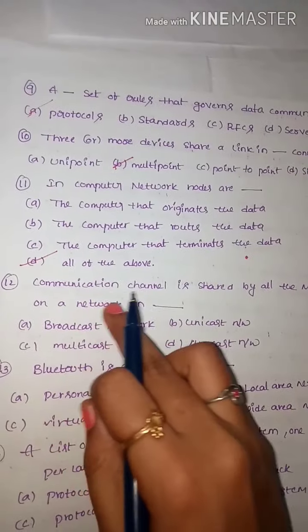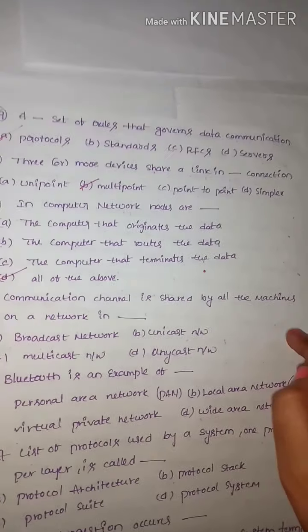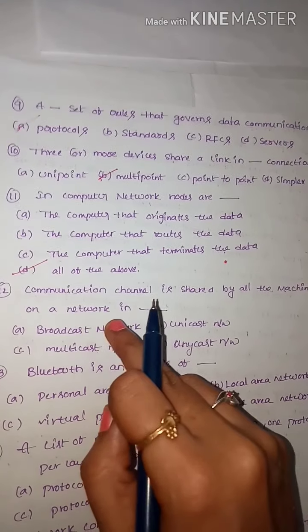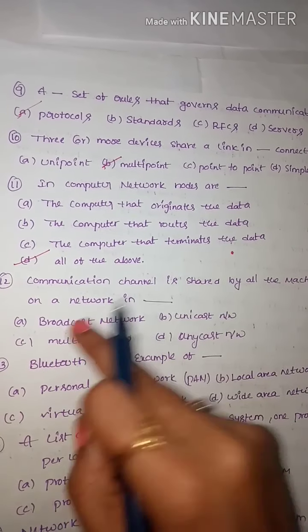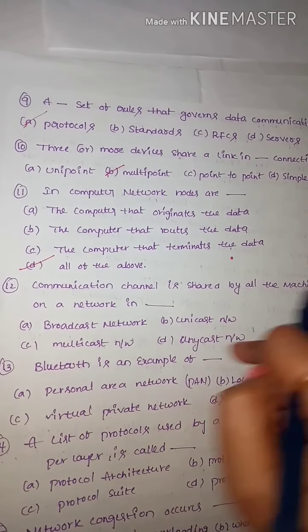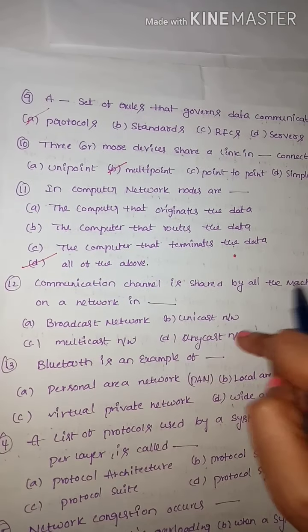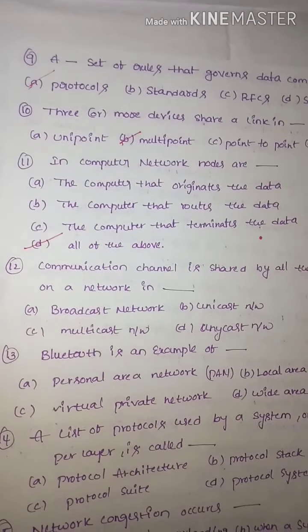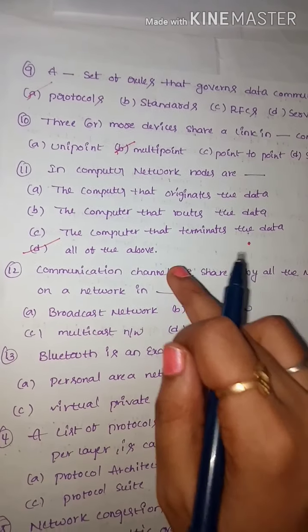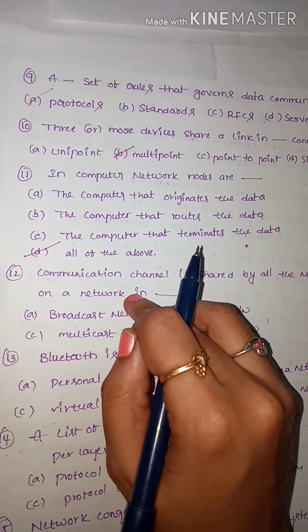Next one, communication channel is shared by all the machines on a network in dash. Option A broadcast network, option B unicast network, option C multicast network, option D anycast network. In a broadcast network, information is sent to all stations in a network.